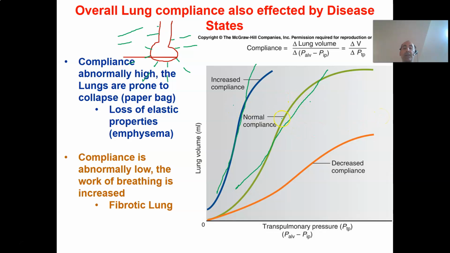What that means is that you have a greater per unit change in lung volume for every change you have in transpulmonary pressure. So the bottom line is that emphysemic patients have a much easier time than you and I at taking in a breath, which sounds great, except the way they got there was through disease.